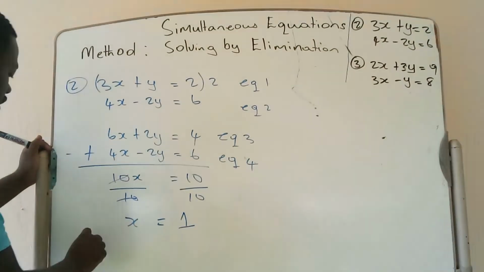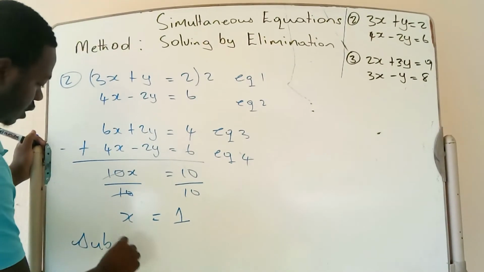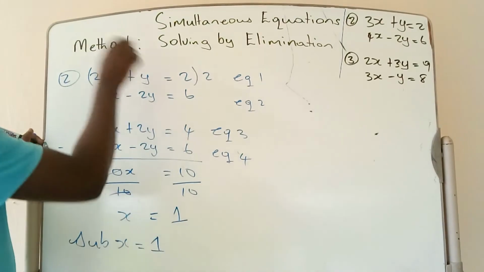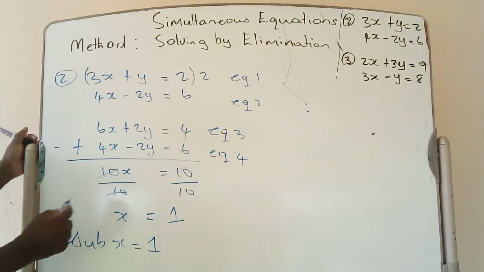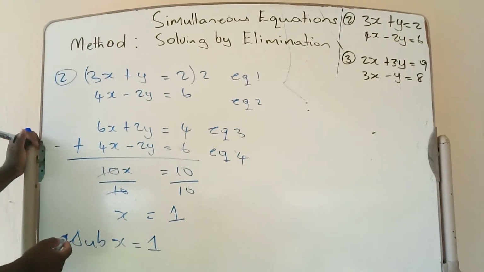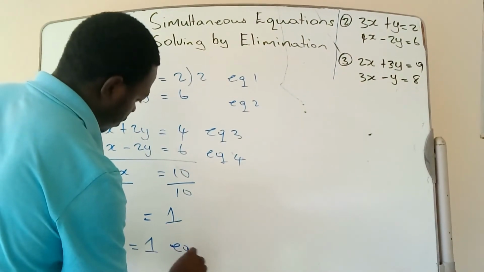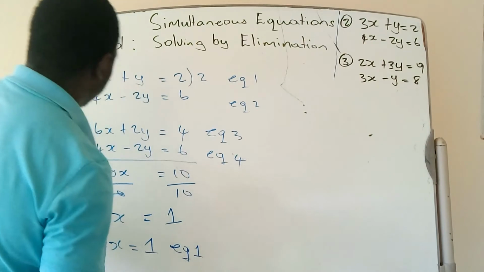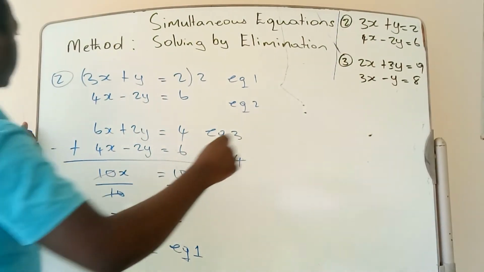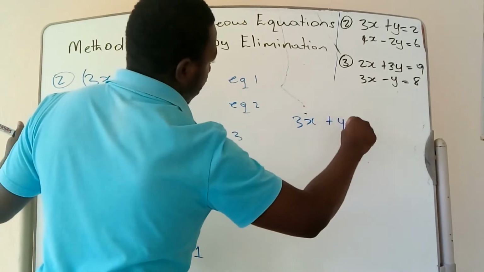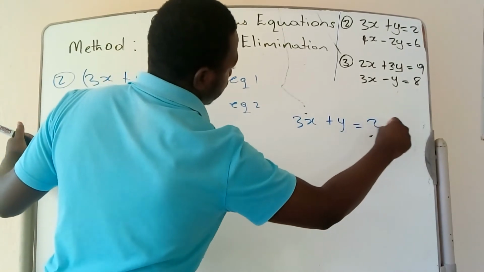Now you're going to say, sub x equal 1 in any one of the equations, and I am going to use equation 1. Now what was equation 1? Equation 1 was 3x plus y equal 2.